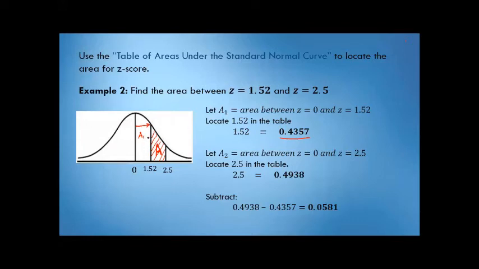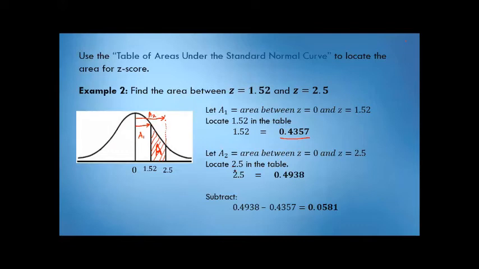So base sa ating table, this is the area of area 1. So ito yun. Next, we're going to represent another area that is the area between 0 hanggang 2.5. So ito yun. Mula 0 hanggang 2.5. Ito yung hanggang dito yung 2.5. So i-represent natin siya as area 2. Yan.